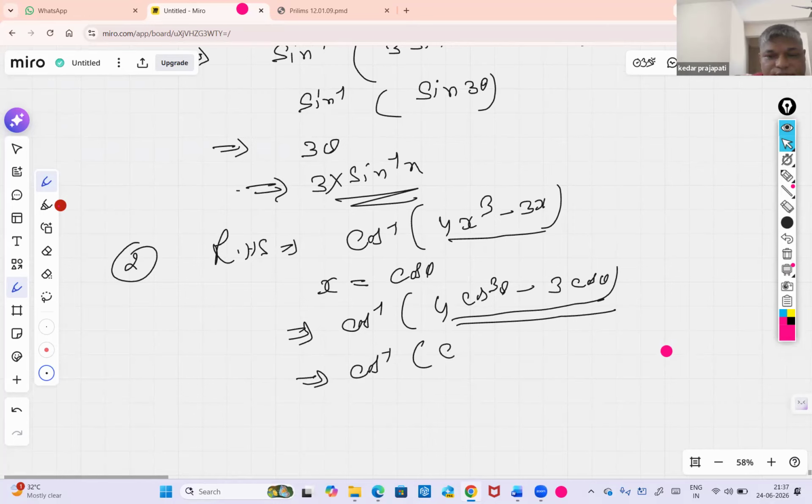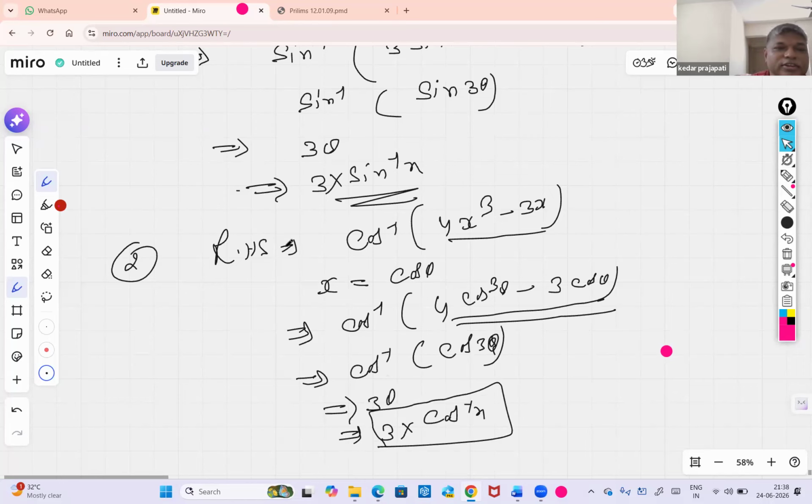Cos inverse cos 3 theta, cos cancels. This is 3 theta, and theta is cos inverse x. So this is your answer, and it proves it as well.